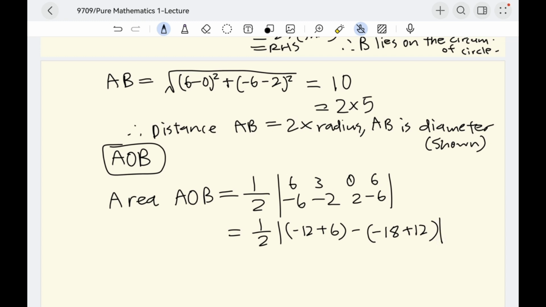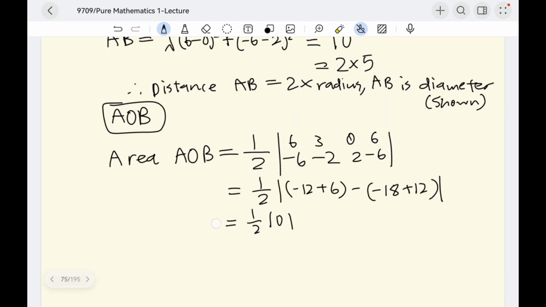Okay, so in the end, you evaluate this as half of the modulus of 0. Therefore, the area of AOB is 0 unit square. Okay, what does it mean?